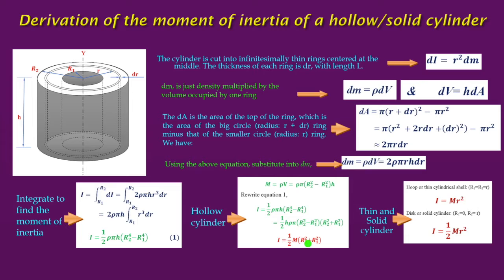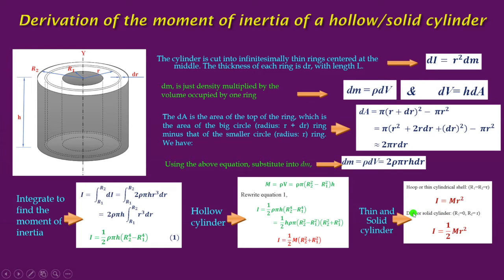Now if it is a very thin cylindrical shell, thin means what? R1 equals R2. Then substitute this value, you will get simply M r square. So if the hollow cylinder is very thin, then I equals M r square, meaning this equation is the same as the equation of a ring.